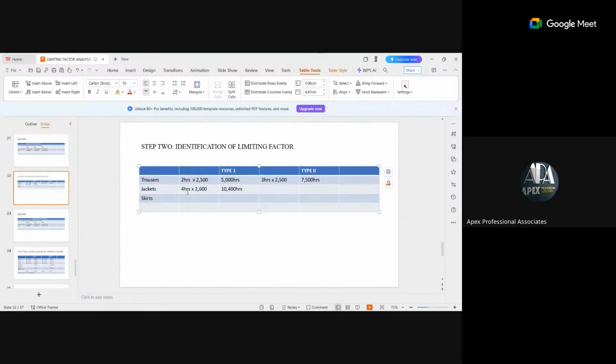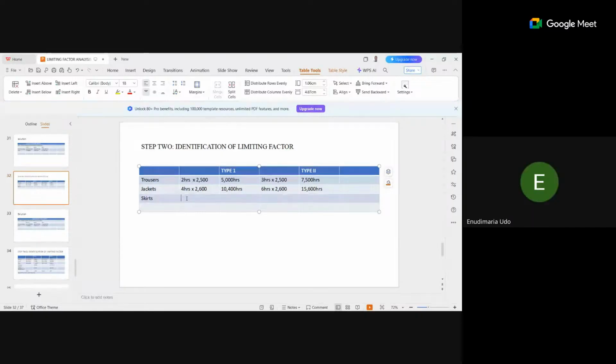Now, on type 2 machine, how many hours do you need to produce 1 unit of jacket? 6 hours. Multiply by 2,600. The total hours will be 15,600 hours. Now, for skirts, how many hours for 1 unit on type 1? 6 hours.